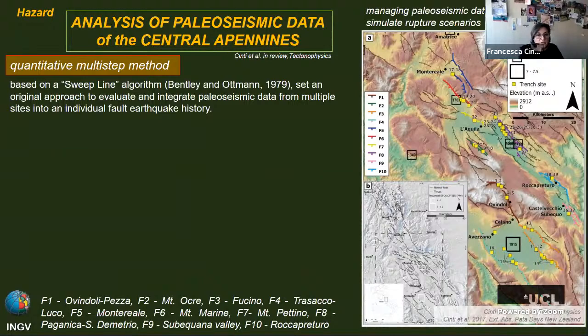But let's arrive at the analysis of palaeoseismic data of the central Apennines we are currently conducting, as an example of using this kind of data to simulate rupture scenarios.